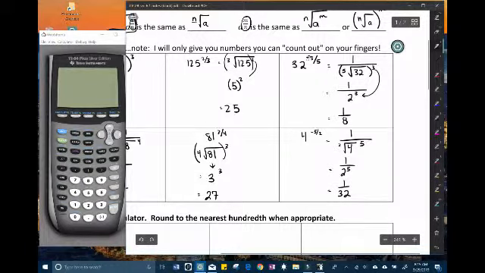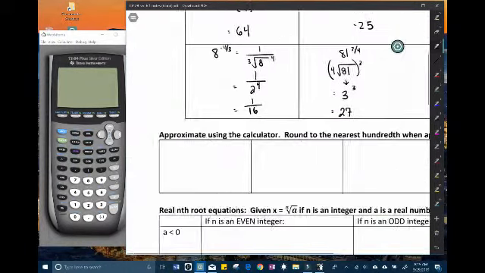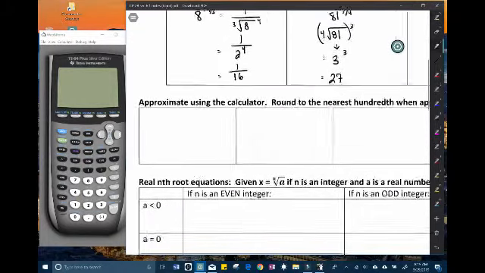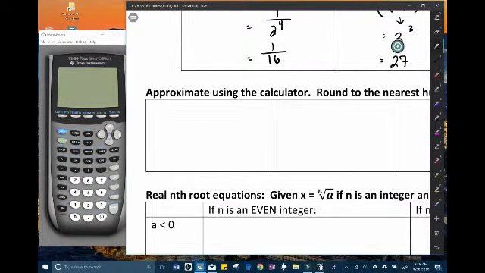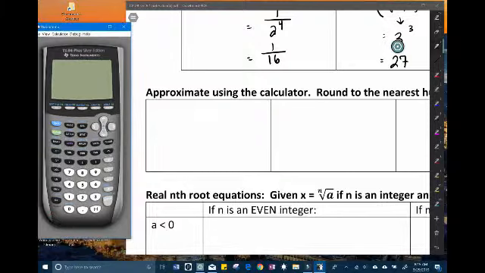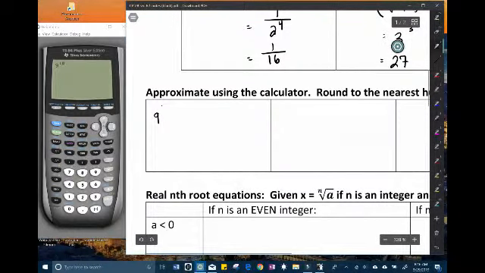All right. Now there are ways to use your calculator for these, so hopefully you have a graphing calculator at home. If not, whatever you have, but these are the best options to have. Approximate using a calculator, round to the nearest hundredth when appropriate. Basically, if you have a calculator here, you're typing in 9, then a little caret, and then I like to always put my exponents in parentheses.